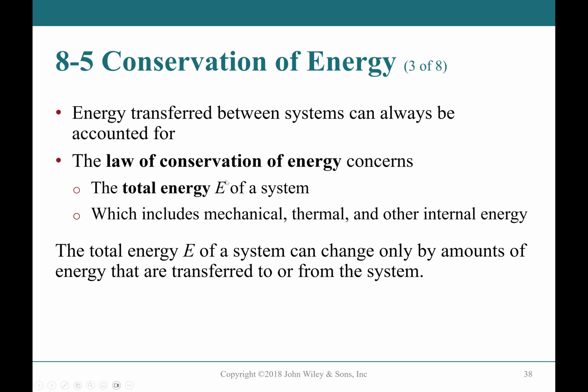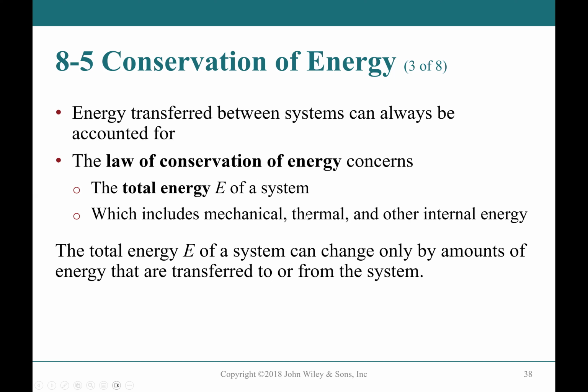So total energy E, not only mechanical energy, okay, it could have thermal energy and mechanical energy, and also other internal energy, like you may have electric energy and also chemical energy, so all kinds of energy. So that is the total energy of the system.